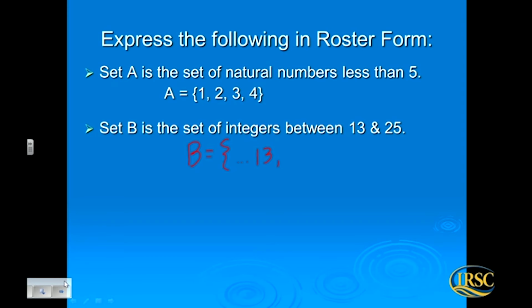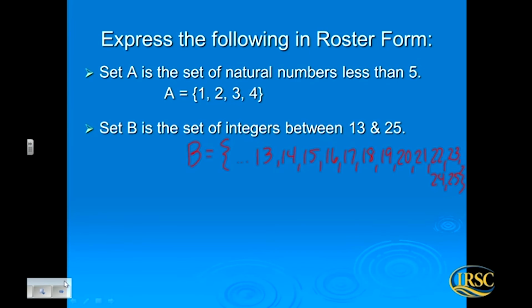Okay, so the next number would be? 14. Okay. I've run out of space. And then close brace.